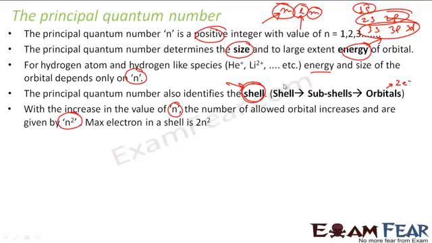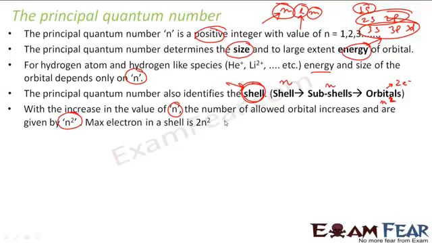So for a shell n, the number of orbitals is n square, and the number of subshells is n. For the nth shell, there are n subshells, n square orbitals and 2n square electrons.